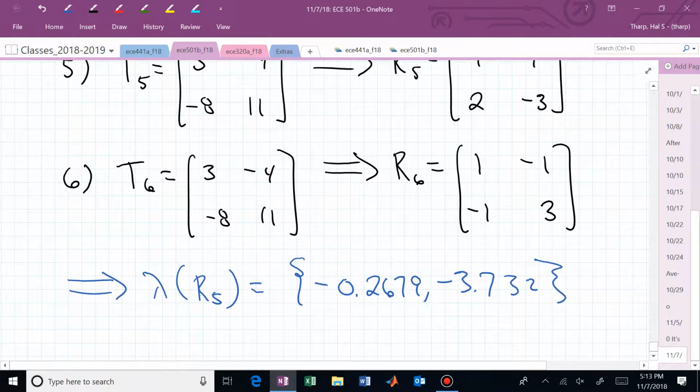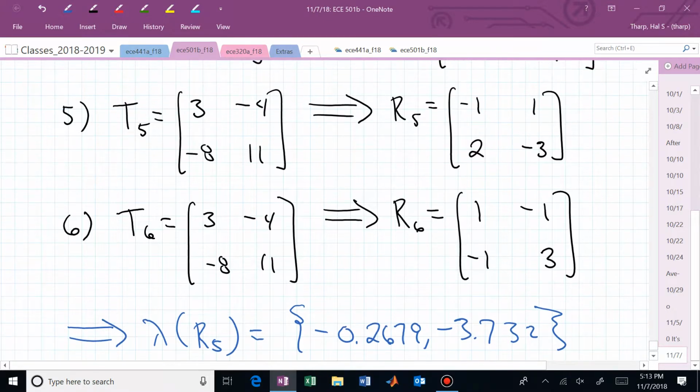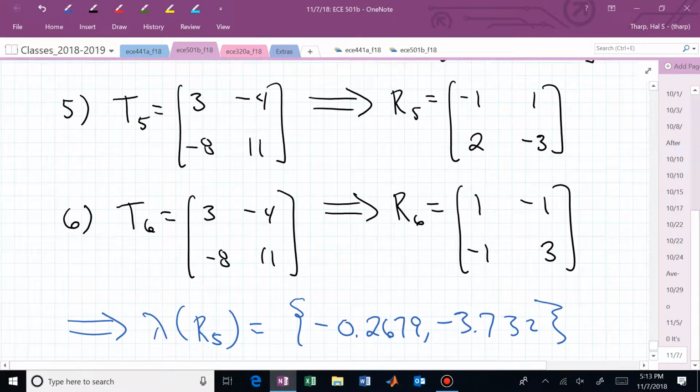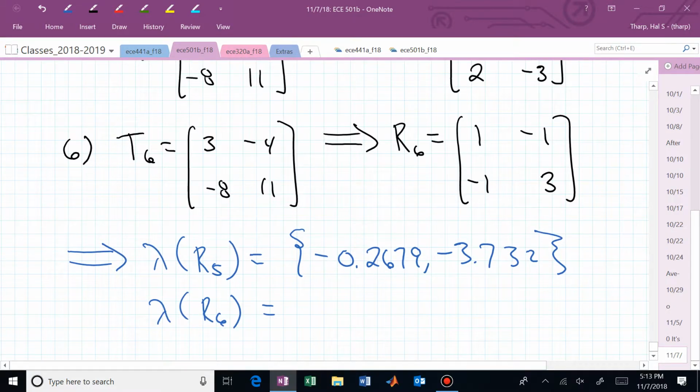And the eigenvalues of R6, and remember, R5 times R5 gives me T5, R6 times R6 gives me T6, which is the same as T5, but now the eigenvalues of R6 are actually the positive versions of the eigenvalues of R5.